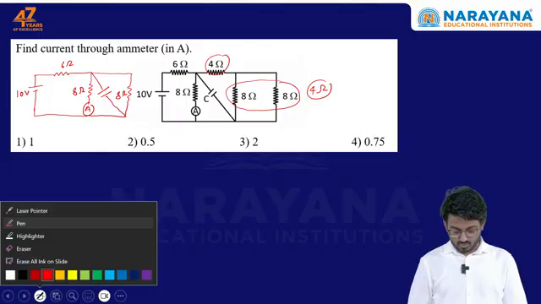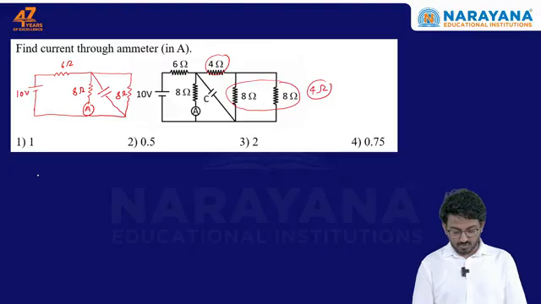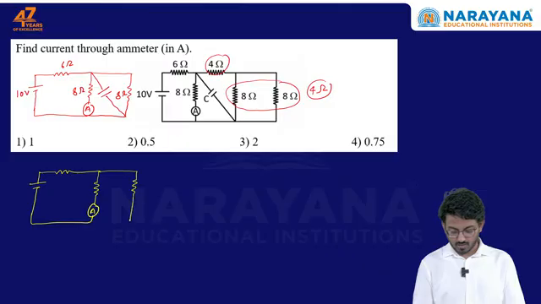So solving it further, we can see the circuit effectively becomes somewhat like that, with capacitor being visualized here.